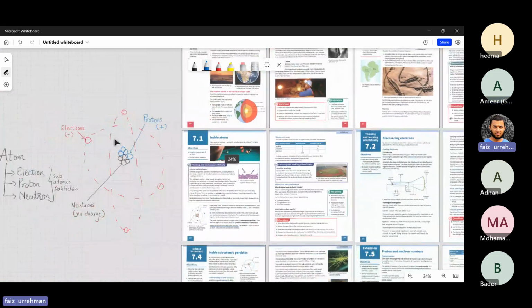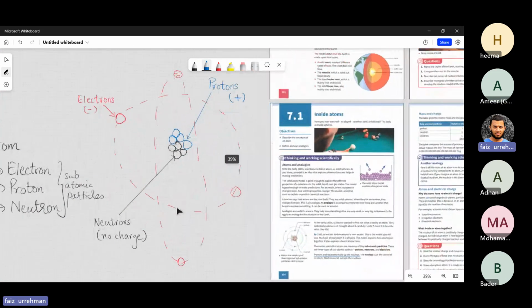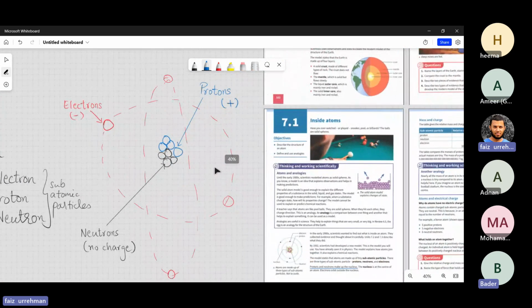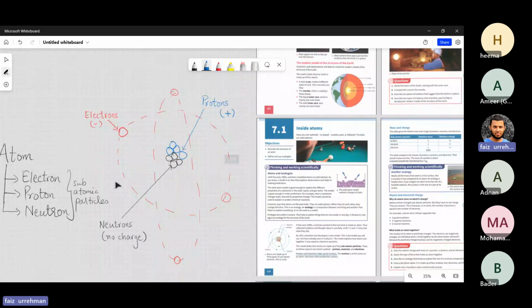For example, in this diagram, how many protons did I show you in my model? 4 protons. And how many electrons did I show you? 4. So 4 positive, 4 negative. They will cancel each other. So what is the overall charge? Neutral.